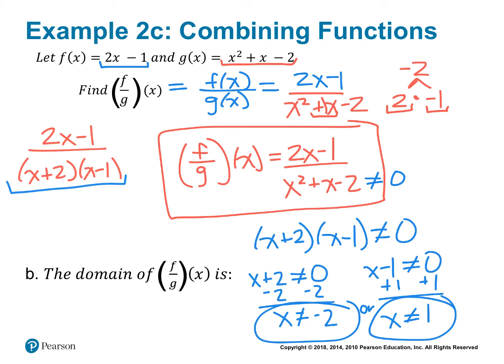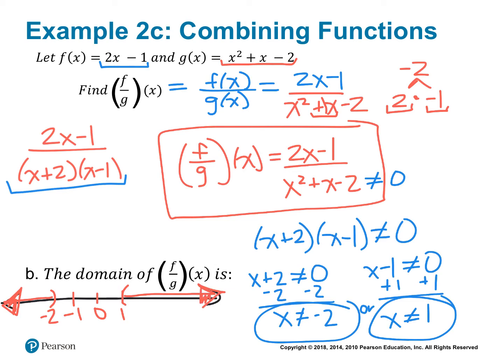So now to write this in interval notation, if I think of a number line, I can go up to negative 2, but I can't include negative 2. Then I can go to positive 1, but I cannot include positive 1. So it's everything but the negative 2 and the 1.